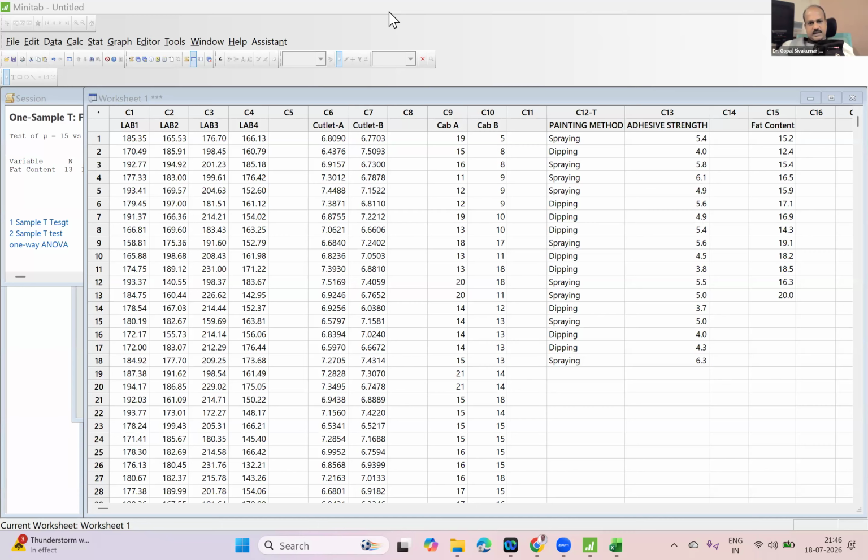A similar test was carried out at that time, known as a one sample t-test. They just did the one sample t-test and found the p value, and the lead content was found to be on the higher side.